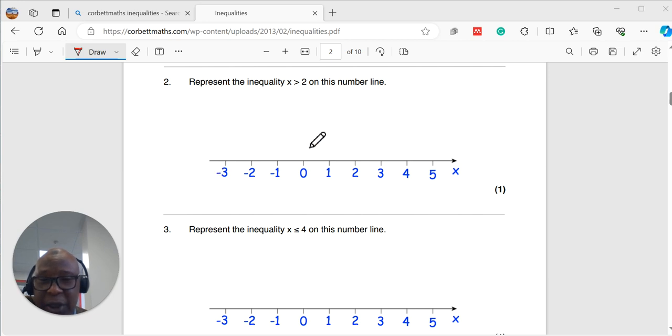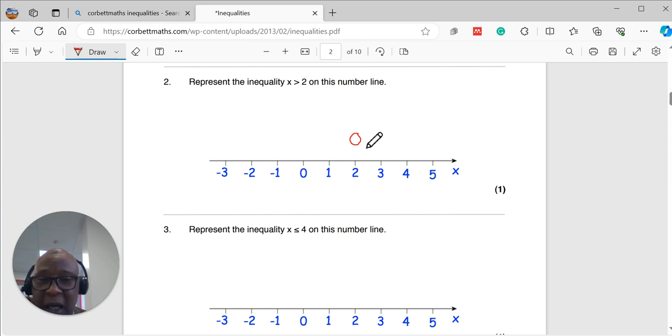A couple of things that you need to know is that you go to the number 2 first of all, and it says bigger than 2, so that means at 2 we either have an open or closed circle. What does this mean? Well, an open circle is in reference to a number that is not included.